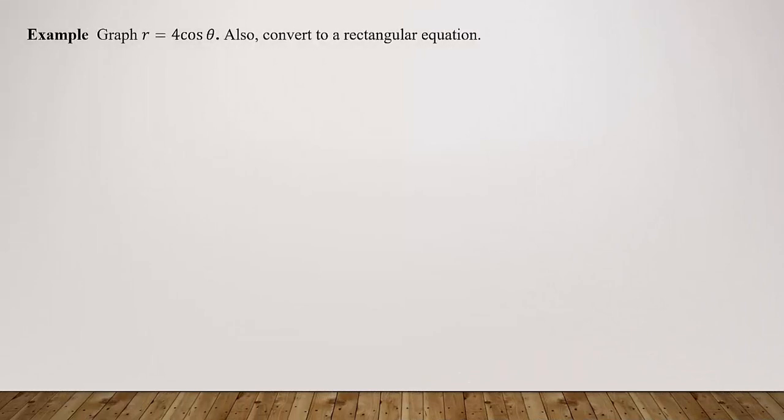All right, let's check out this example. Graphing r equals 4 cosine theta. It says to also convert to a rectangular equation, so we're going to practice that as well.